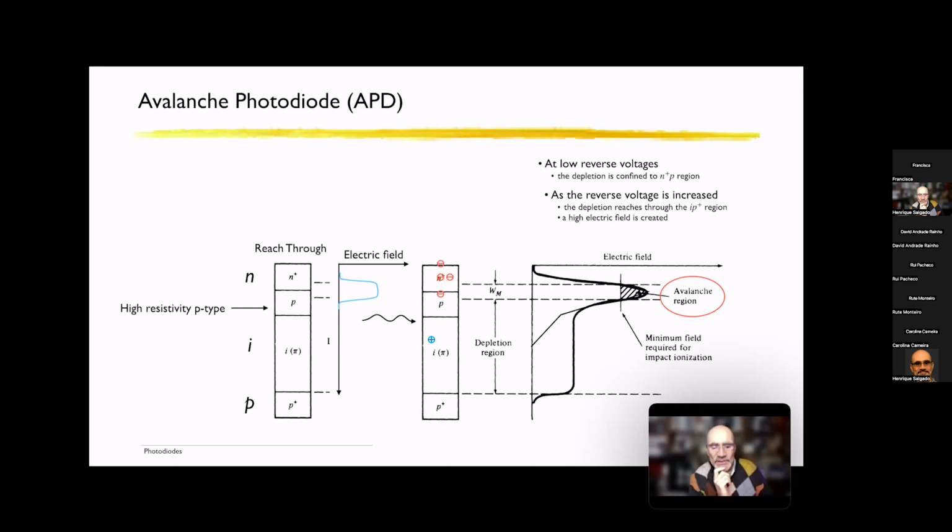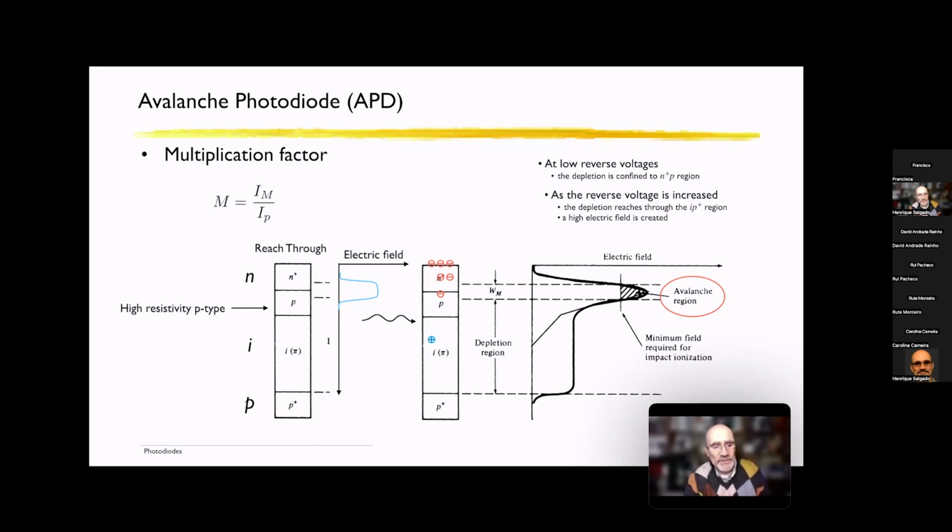So upon an incident photon, instead of just having one carrier being generated, at the end we have many electrons generated in the material. And this is known as an avalanche gain, where an electron generates additional electrons and so increases the current generated by the incident light.